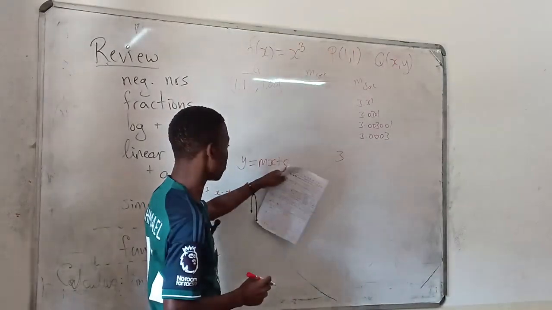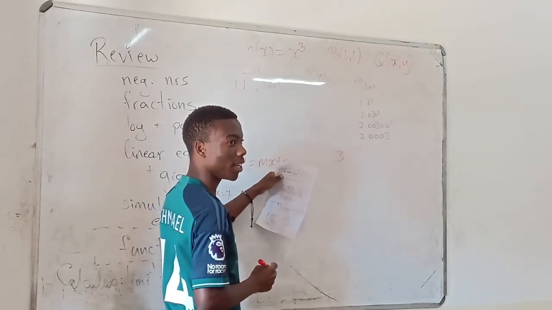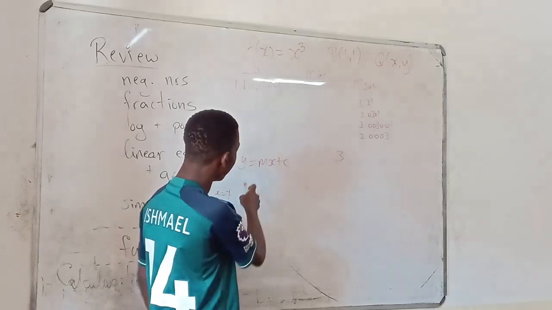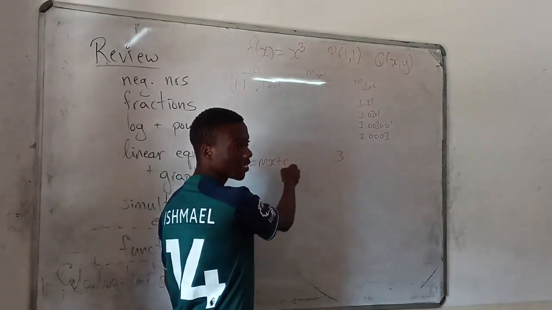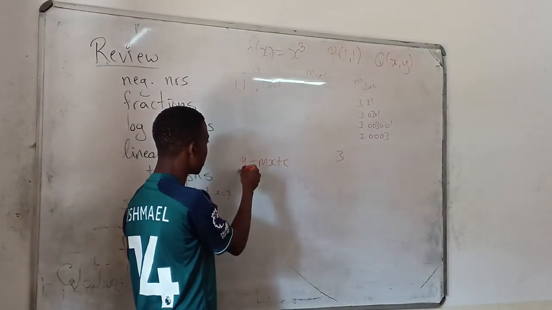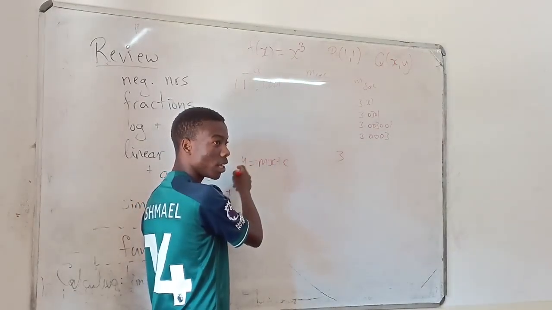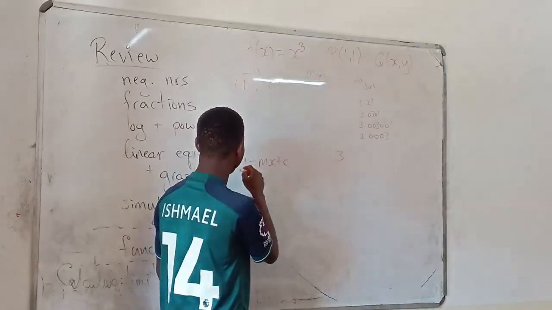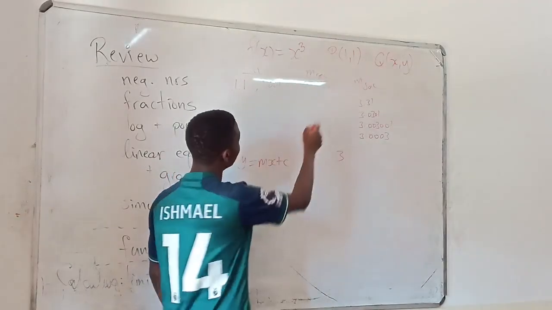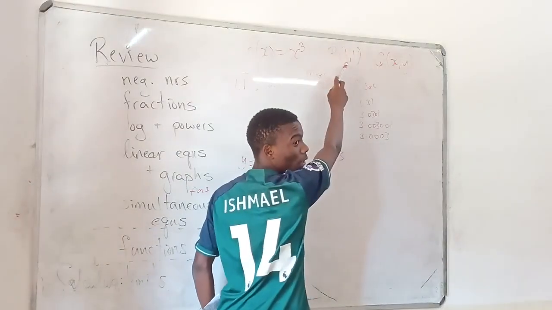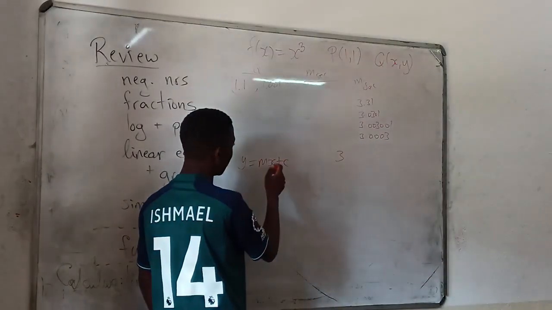Y-intercept. Okay, this formula, we know that this one is for y, the equation. This one is for y, for output for this point. For y, this one is for x.